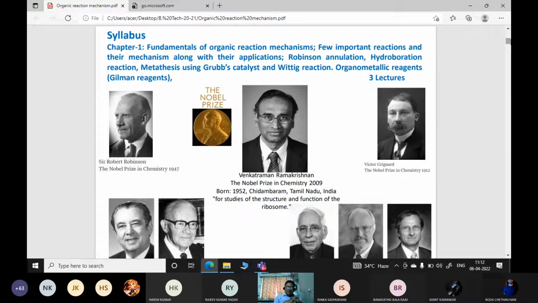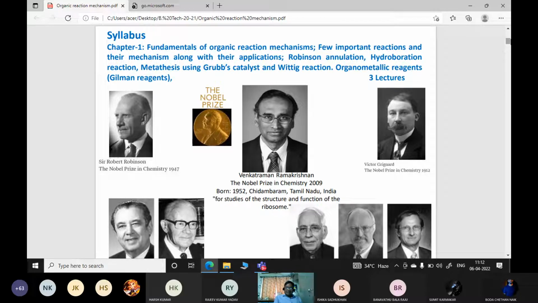At the same time, at least 200 to 300 name reactions are there in organic chemistry, named after their discoverers. Among 200 or 300 name reactions, only a few reactions we have included here. Number one is the Robinson annulation reaction.